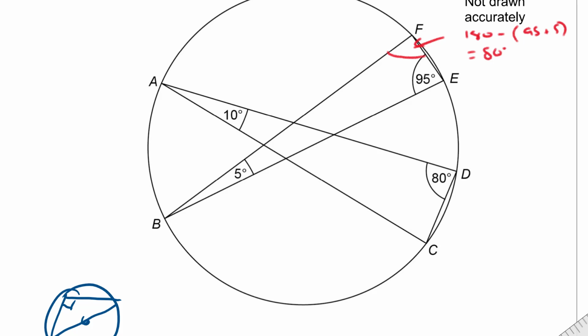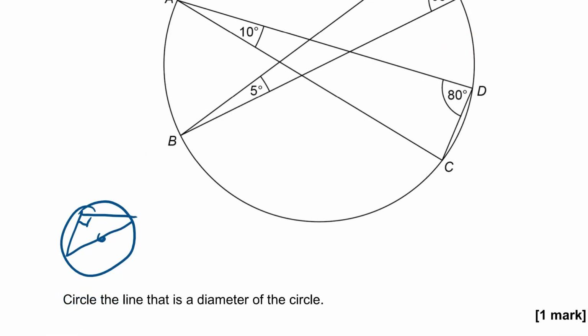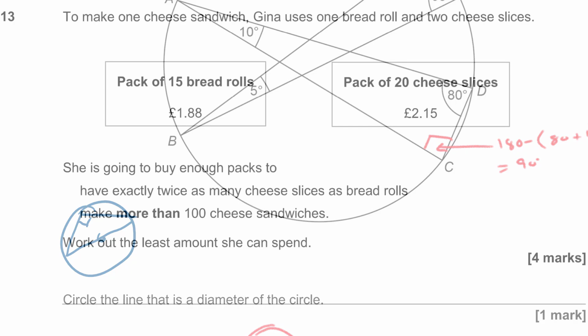So that one isn't the diameter. This other triangle here, what's this angle here then? So this one would be 180 minus 80 and 10. 80 plus 10 is 90, and 180 take away 90 is 90. So that's my right angle there, isn't it? So because C is a right angle, that means that AD must be the diameter. So that one.